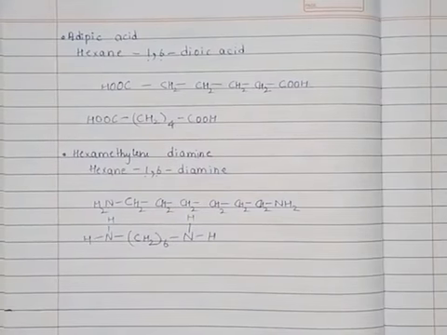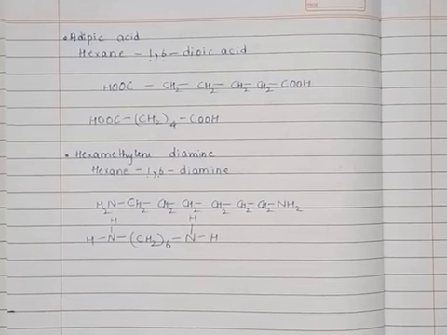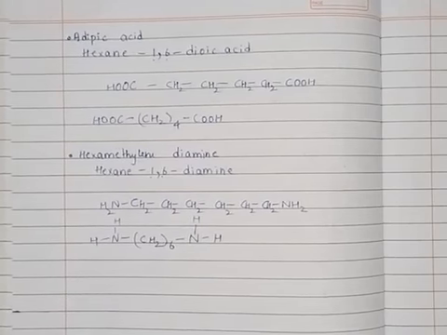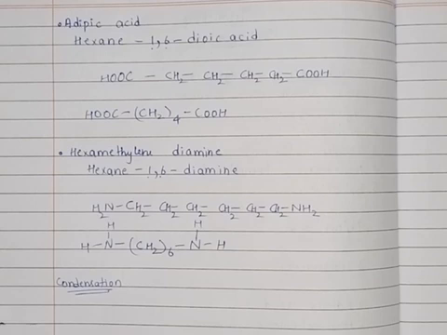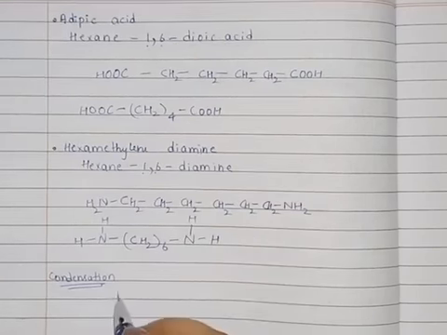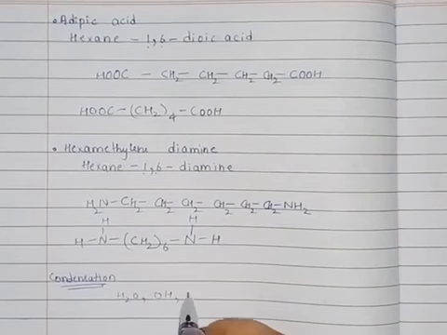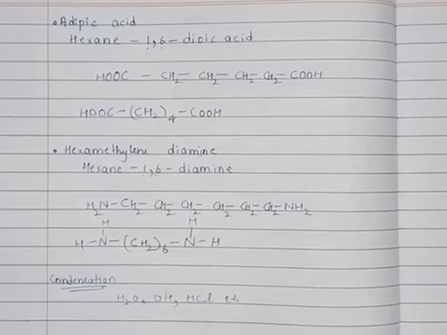And now from these 2 monomers, how do we form Nylon-6, 6? We have to see about condensation, right? So condensation, this is also a type of polymerization. I have told it in the beginning. Okay, in this condensation will take place between the bifunctional or trifunctional monomeric units, and there will be a release or some loss of water, alcohol, HCl, etc. Okay, here we have to add this adipic acid and hexamethylene diamine.